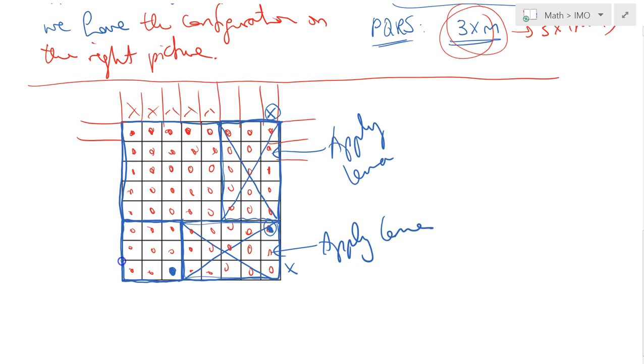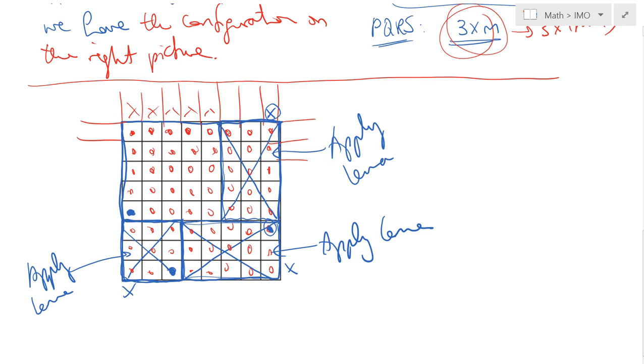Now finally we have this configuration, where this one has a piece in it and this one is blank. I can apply the lemma here again, and the whole thing vanishes.